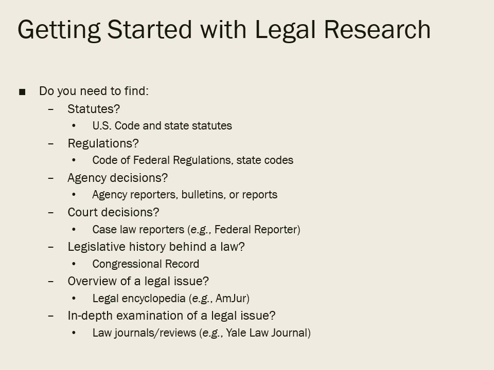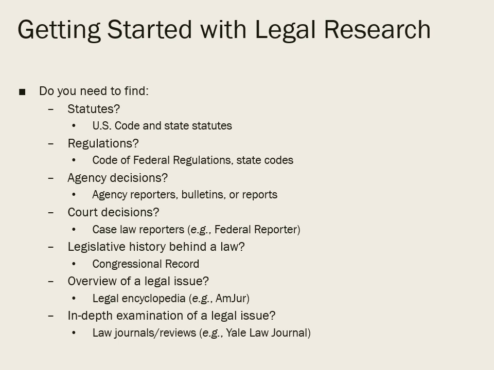So, to get started with legal research, you want to know what it is that you need to find. If you need to find statutes, you're going to look in the U.S. Code and in state statutes. If you need regulations, you're going to look at the Code of Federal Regulations or the state equivalent. Agency decisions will be in reporters, bulletins, or agency reports.